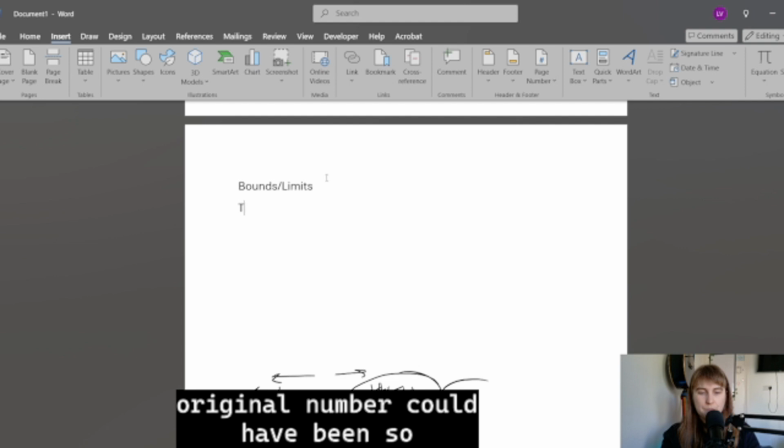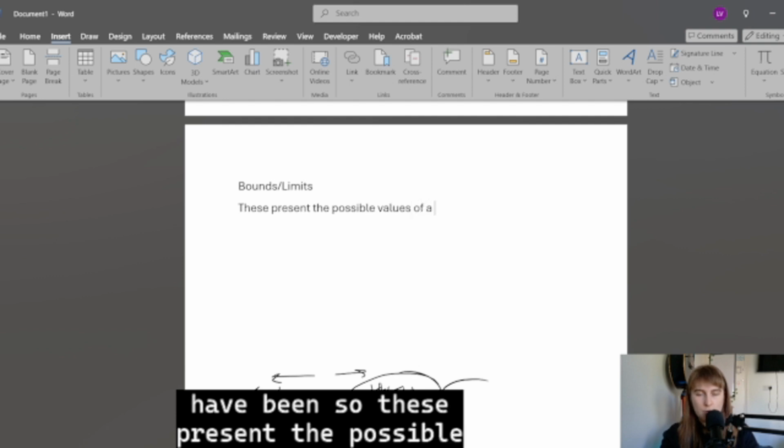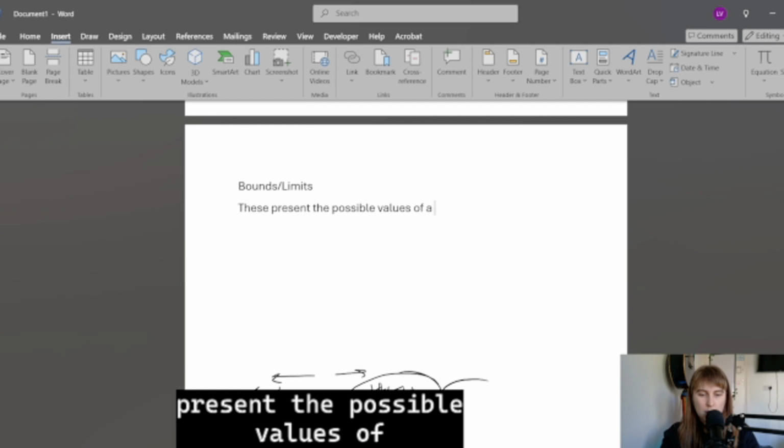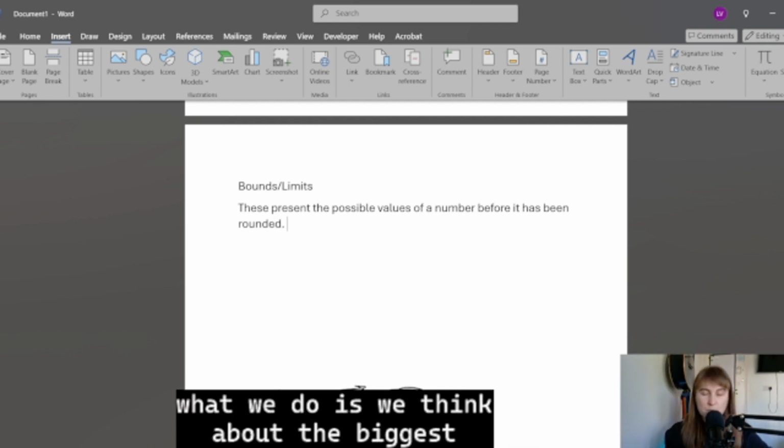So these present the possible values of a number before it has been rounded. And what we do is we think about the biggest number it could be and the smallest number it could be.